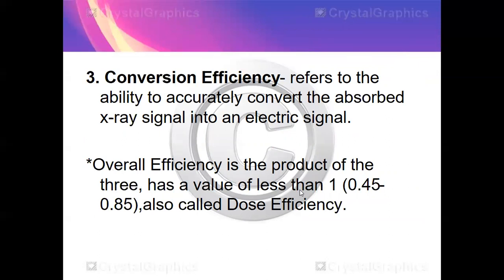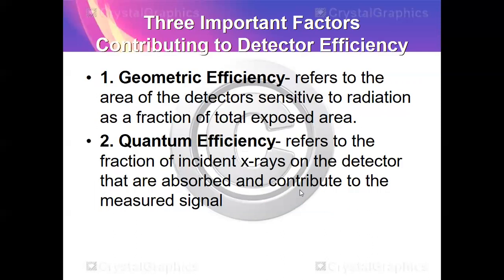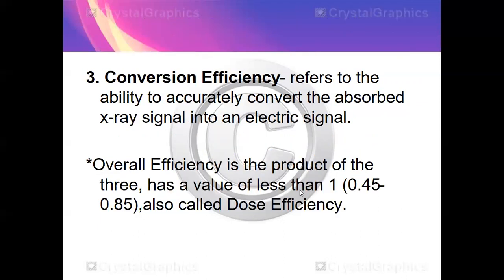So the overall efficiency is the product of conversion, quantum, and geometric efficiency. So i-multiply lang natin yan yung tatlo, then we can compute for the overall efficiency. Usually it has a value of less than 1. And the overall efficiency is also referred to as the dose efficiency.